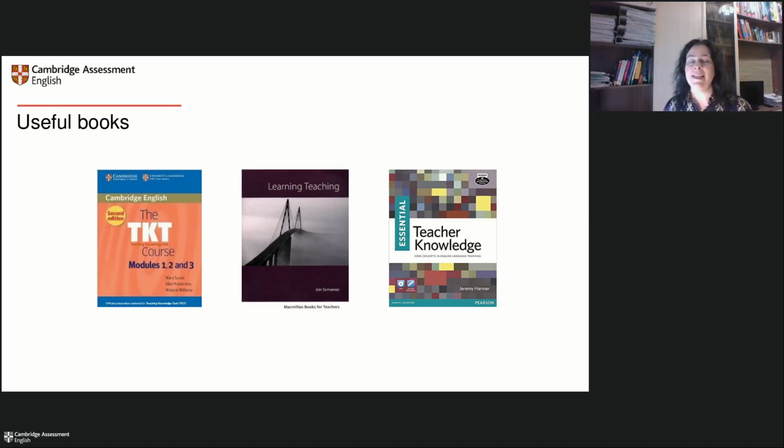And if you consider TKT as your professional development activity, then perhaps it's worth doing it properly, getting a kind of buzz from that, enjoying the process. This is a lot more beneficial than just taking the test for the sake of getting the certificate.